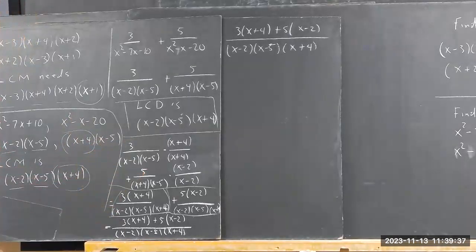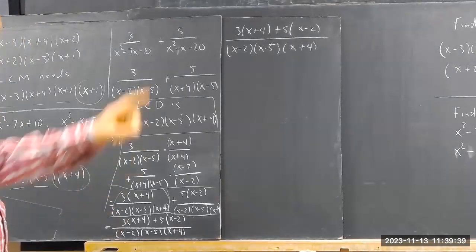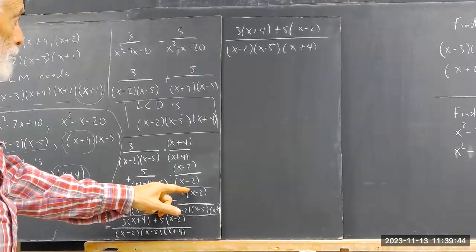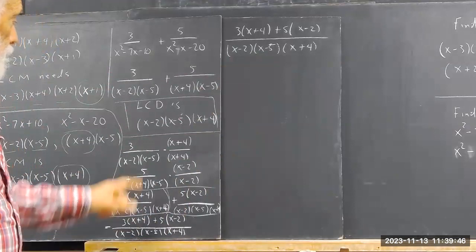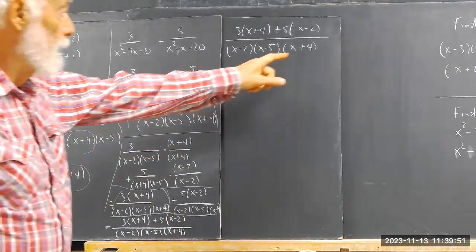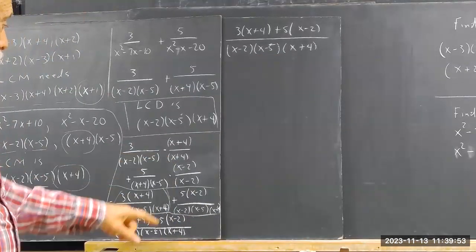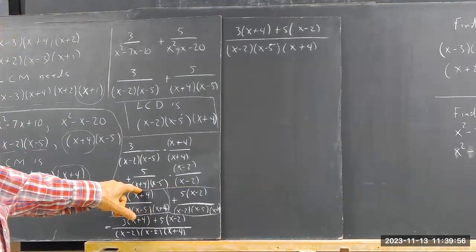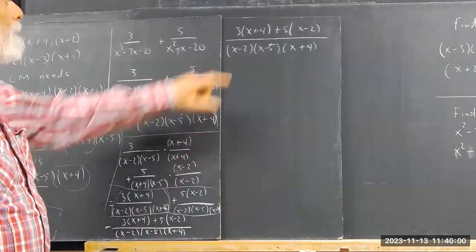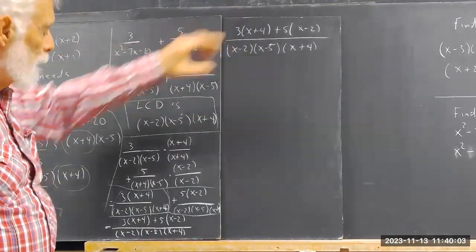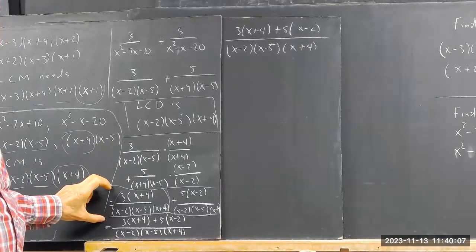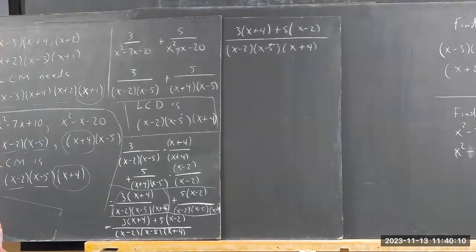Both are going to have the same denominator. The denominator is going to have x minus 2: this one does, and this one does. It's going to have x minus 5: there it is in this denominator and in this denominator. It's going to have x plus 4: there it is in this denominator, and there it is in this denominator. So the denominators match, and all this follows pretty much immediately from this step, which you can read, and this step maybe, which you can almost read.